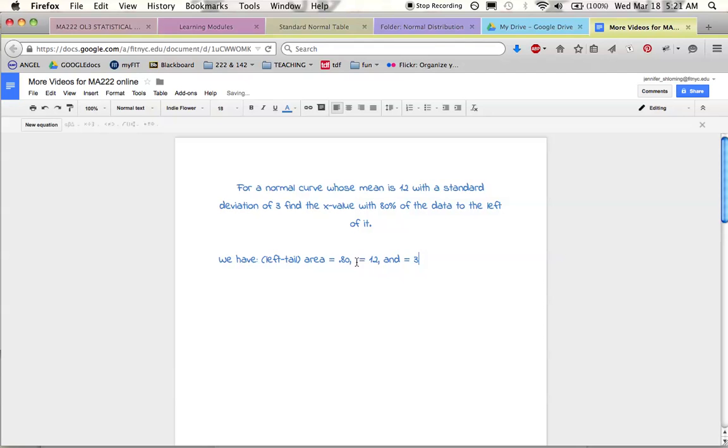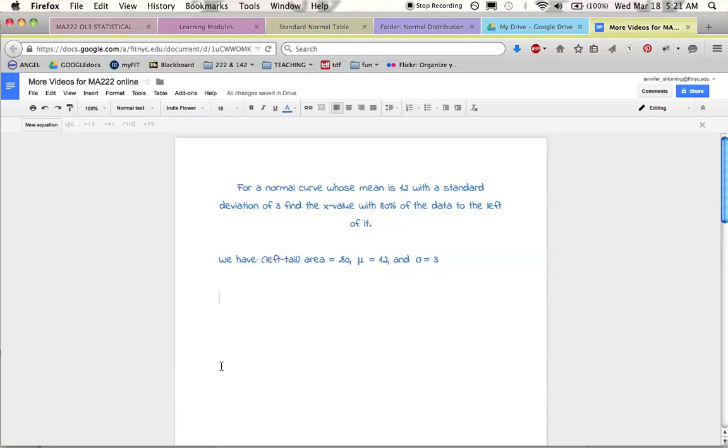Just so it looks nice, I'm going to put the symbols in. There we go. So that's what we have, but we also need to draw the chart.